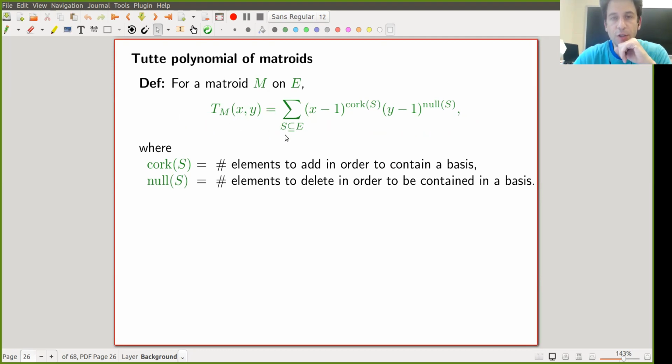It's defined as the sum over all subsets S of the ground set of (x minus 1) to the corank, (y minus 1) to the nullity, where the corank and the nullity of a subset are defined as follows. The corank is the number of elements to add to your subset S in order to contain a basis of the matroid. And the nullity is the number of elements you need to delete from your subset in order to be contained in a basis of your matroid.